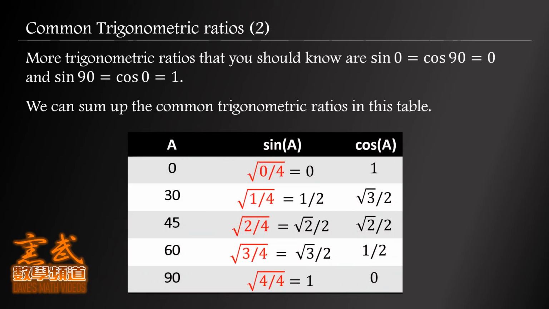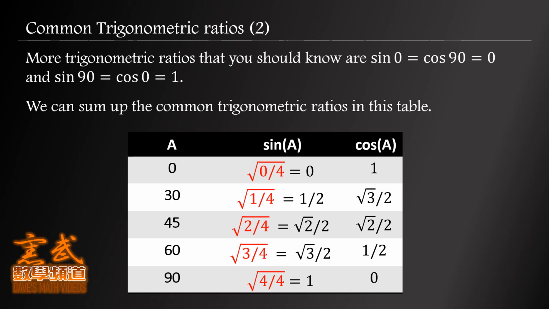As we can see here, it's easier to memorize if you look at the numbers in red under the sine column. In this case, you simply need to count from 0 to 4. The sine of 0 is the square root of the quantity 0 over 4. The sine of 30 is the square root of 1/4.